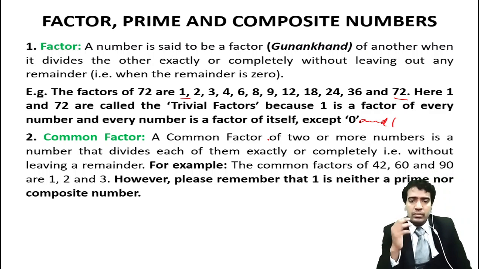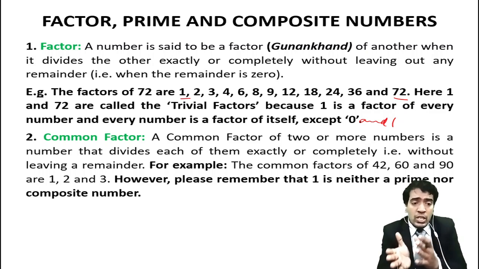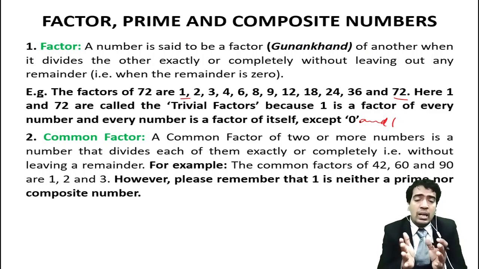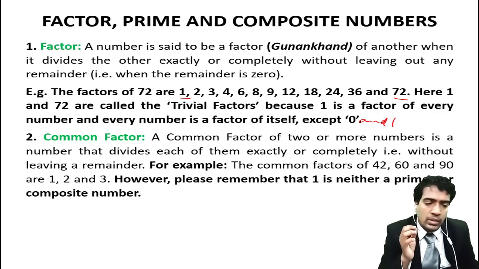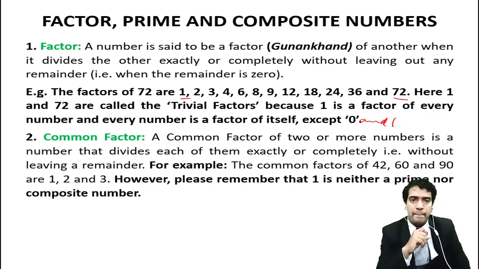Okay, now what is a common factor? A common factor of 2 or more numbers is a divisor that divides each of the given numbers exactly without leaving a remainder. For example, you take the numbers 42, 60 and 90.